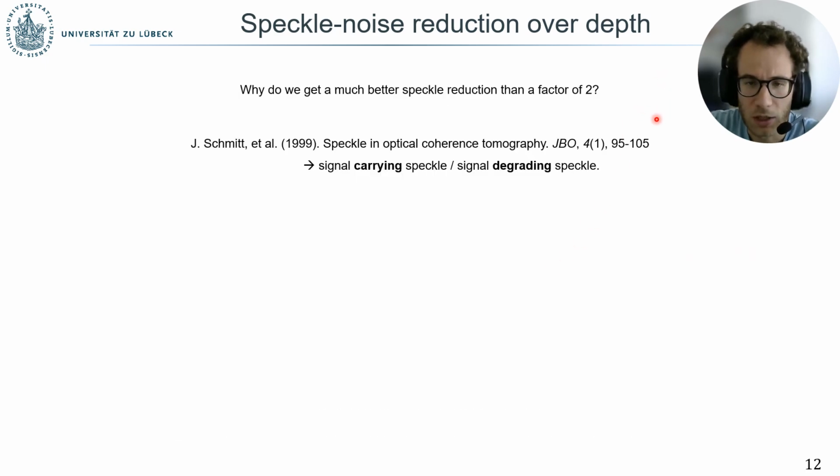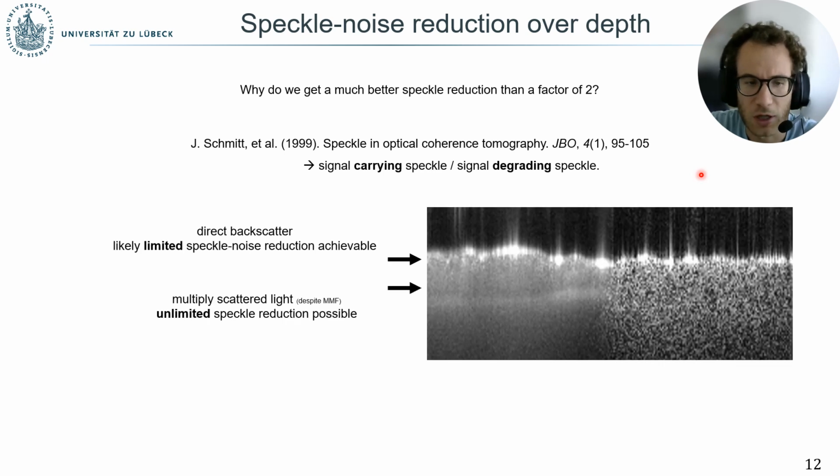So then why did we get such a good speckle reduction? And our understanding of the situation is based on this differentiation of speckle, that there is the signal carrying speckle, that is light directly backscattered, for which we expect a limited speckle noise reduction. But there's also the signal degrading speckle, so the speckle from multiply scattered light.